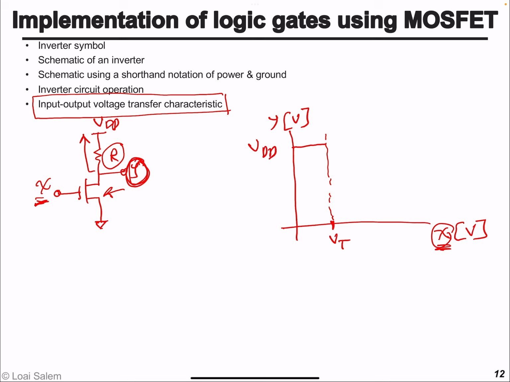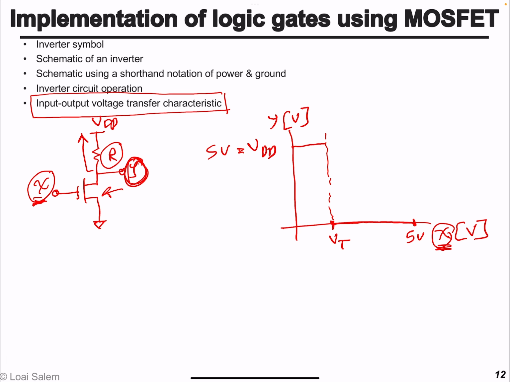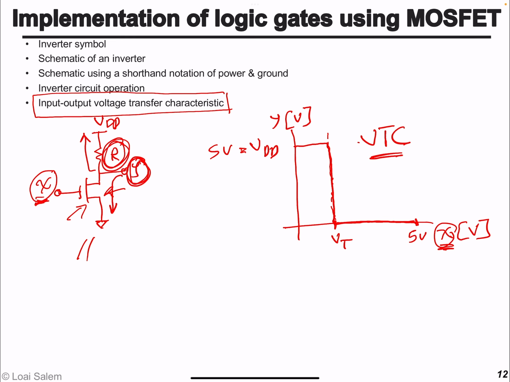On the other hand, for values larger than, say, this is VDD or 5 volts, for all these values where X is larger than or equal to the threshold voltage, the transistor will turn on and will bring the node Y to the ground, assuming the resistor R is way larger in value than the equivalent on resistance of the transistor. So basically the output will be 0. And this will be the voltage transfer characteristic of the inverter that we just built.